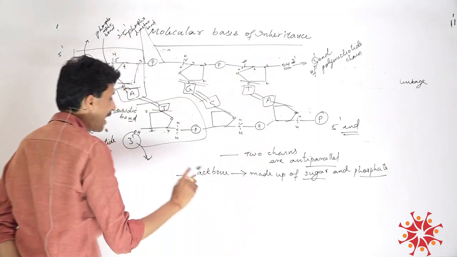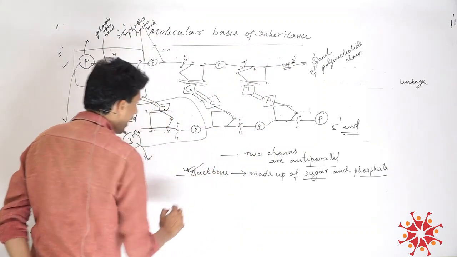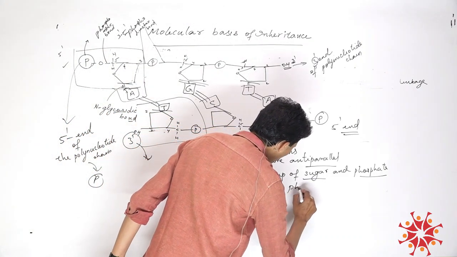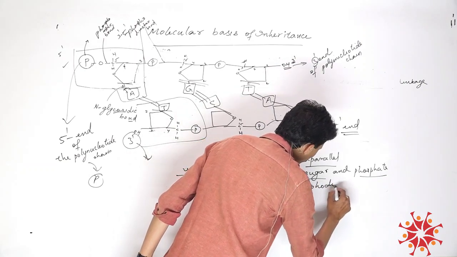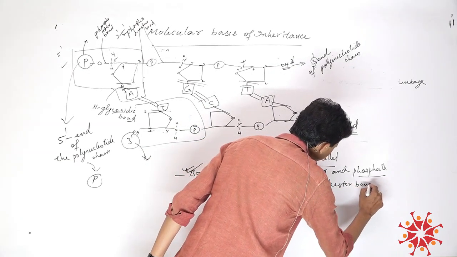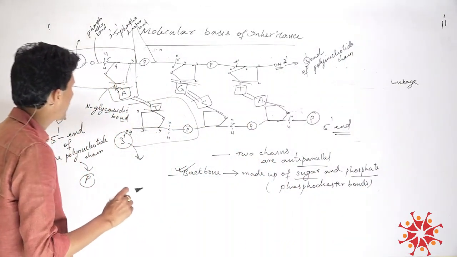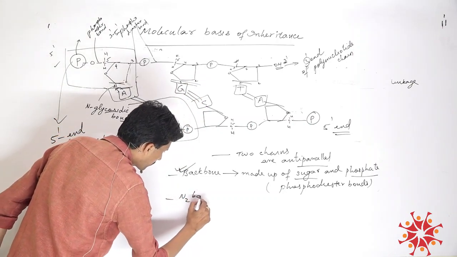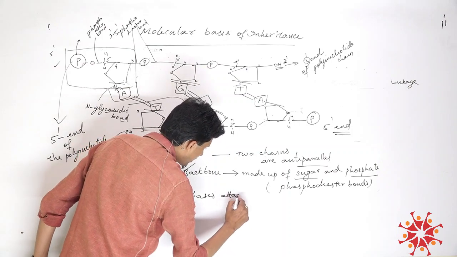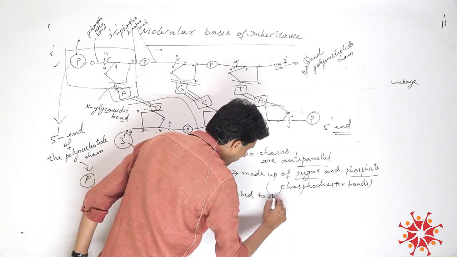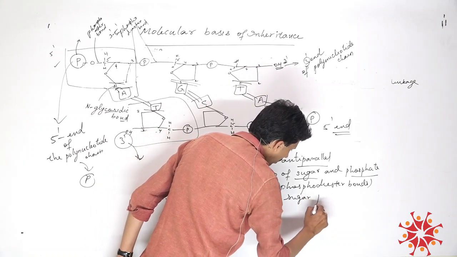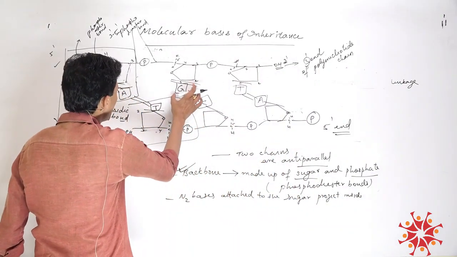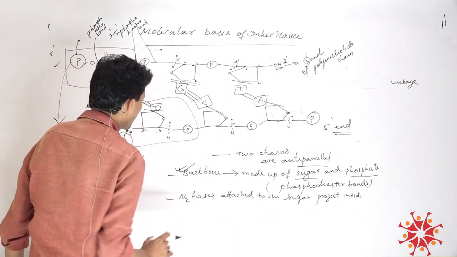So this is an important point: the backbone of the polynucleotide chain is made up of sugar and phosphate, that is, phosphodiester bonds. Second, the nitrogenous bases attached to the sugar project inside, right?